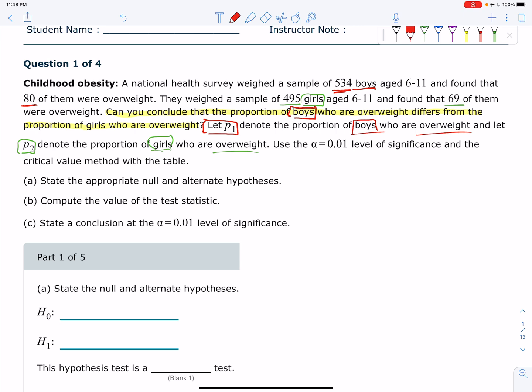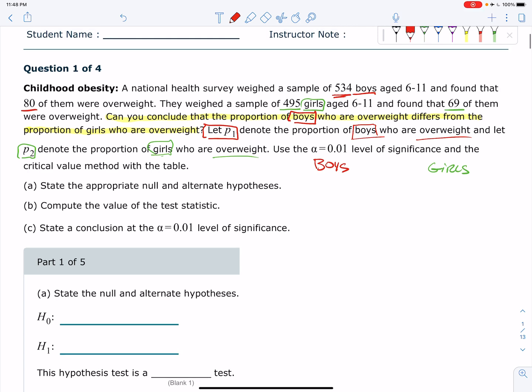In fact, let me write boys here, and then girls over here. Didn't we define boys as P sub 1, and girls as P sub 2? So let's see if we can come up with a statement that makes sense with this highlighted area.